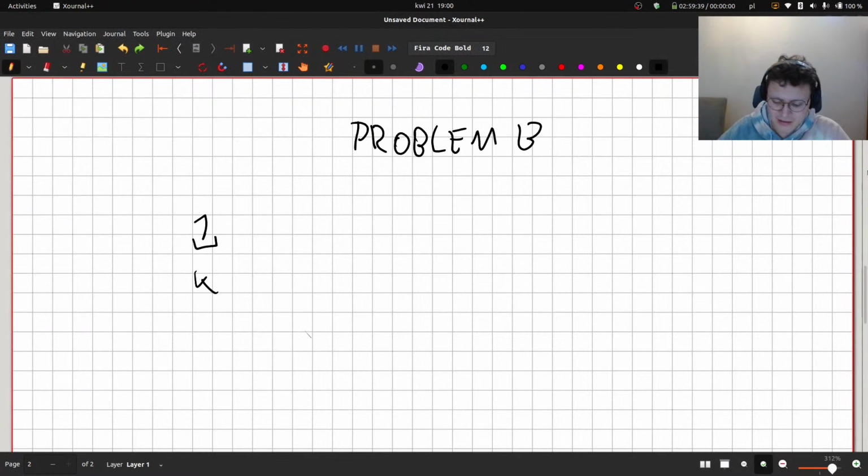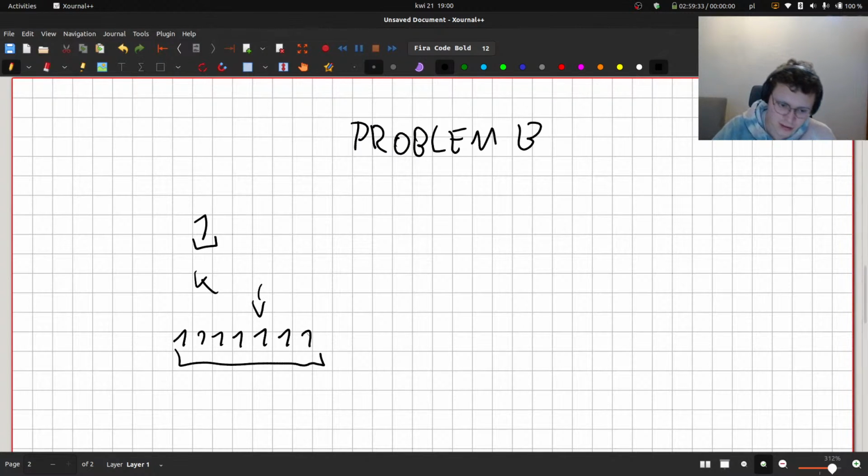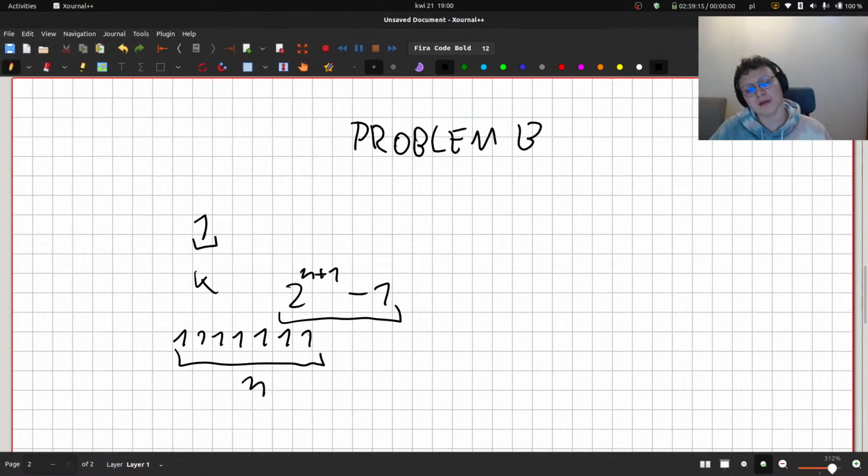So we want the number that looks something like this in binary representation. It doesn't have any zeros, right? So we know that if this number has length n, it's 2 to the power of n plus 1 minus 1, right?